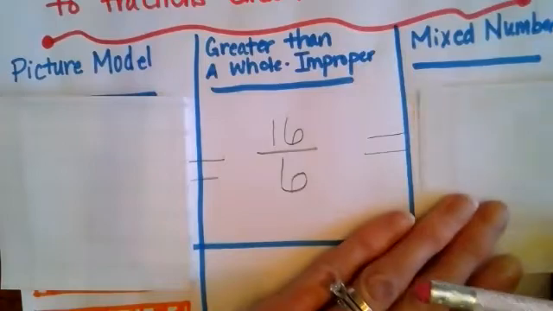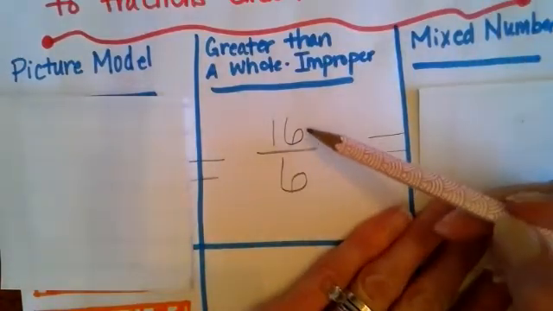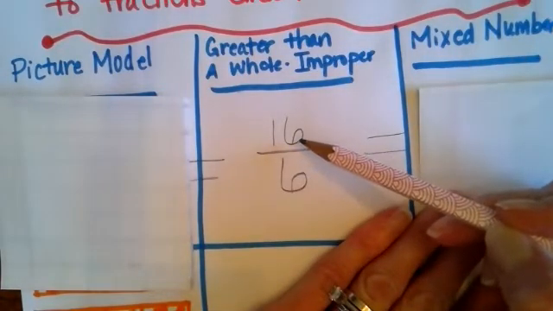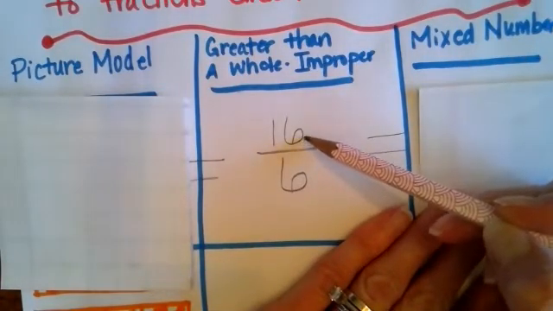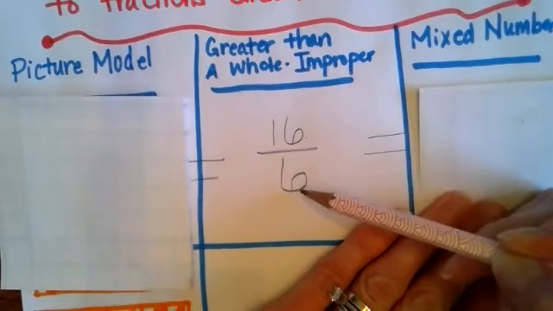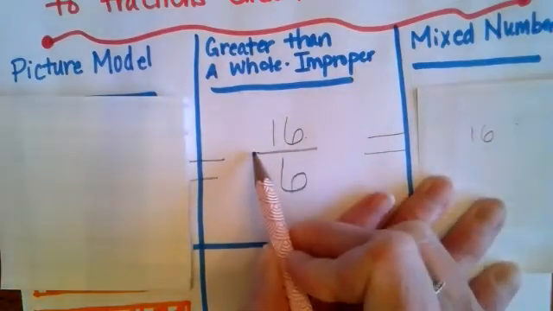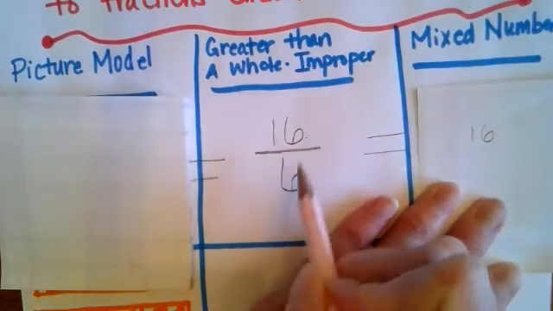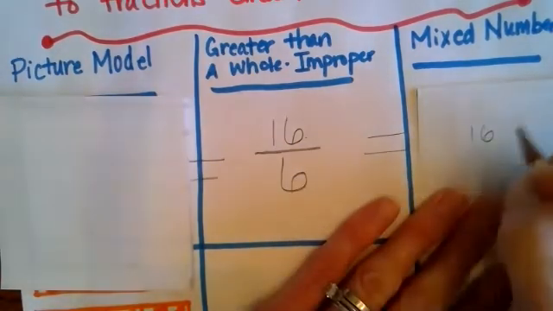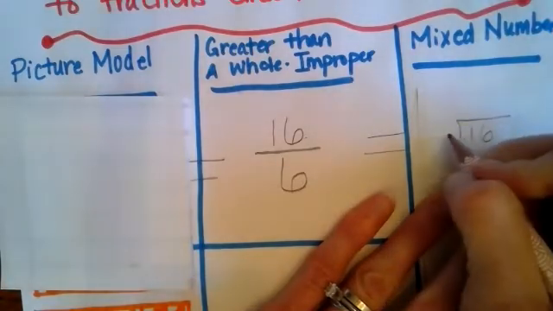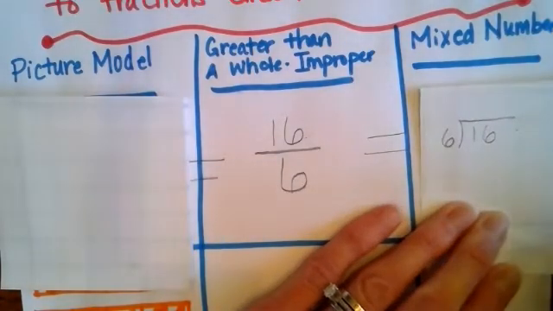We could recognize that a fraction is really saying that we have 16/6, and we're going to put those into groups of 6. That is like saying 16 divided by 6. We are going to see how many times we can take 6 out of 16.